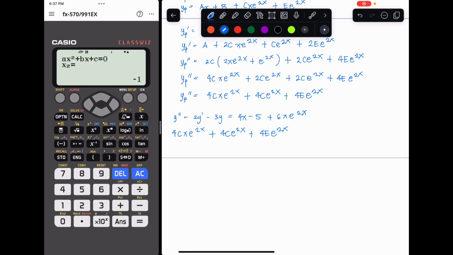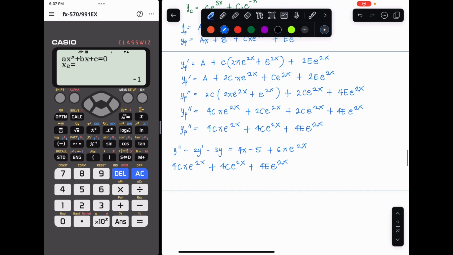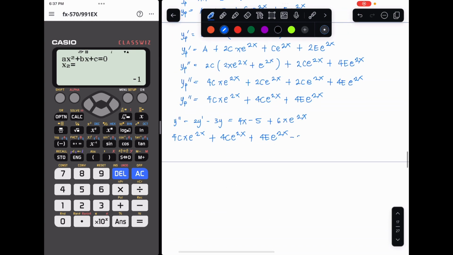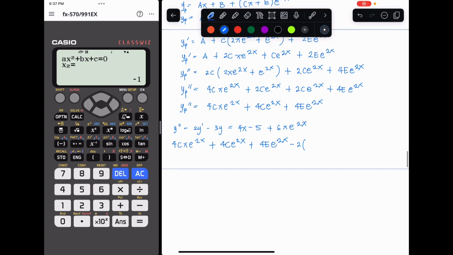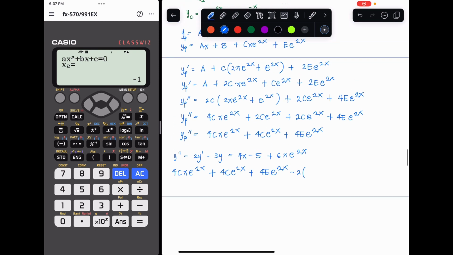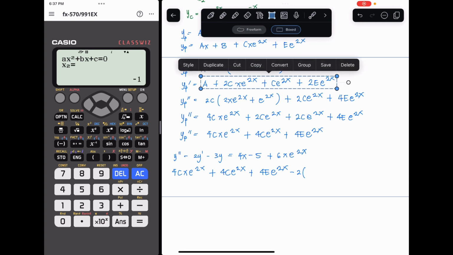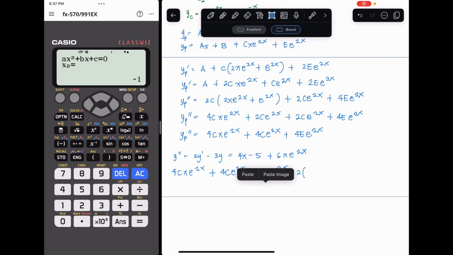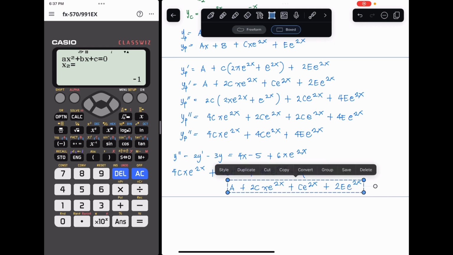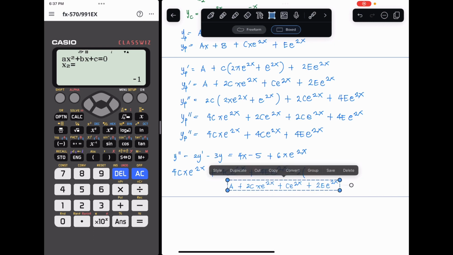The next is minus 2 then y prime, and this is our y prime, so it won't fit.